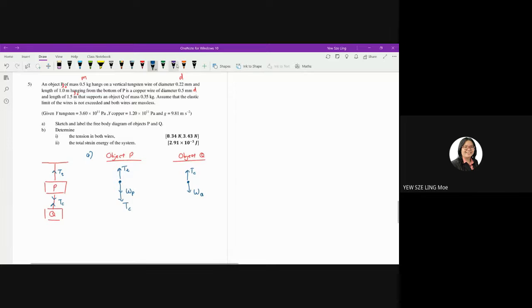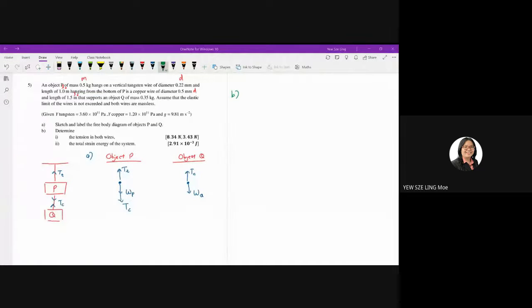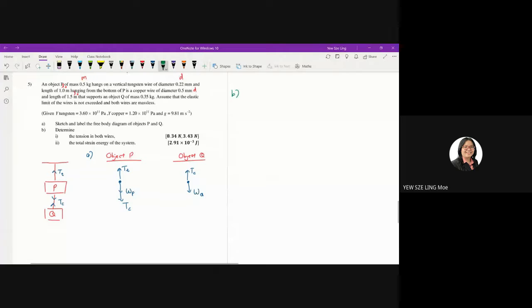Okay, so now let's look at question B. Question B determines the tension in both wires. So it wants the tension in TT and it also wants the tension in TC, in the copper wire and also in the tungsten wire. So obviously, if you look at the information given, now I'm going to list down the information first.